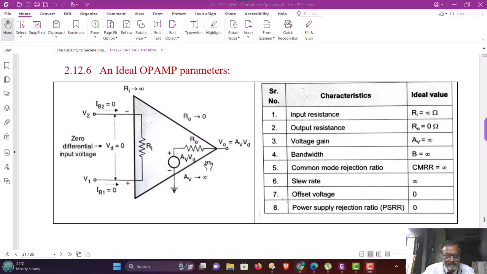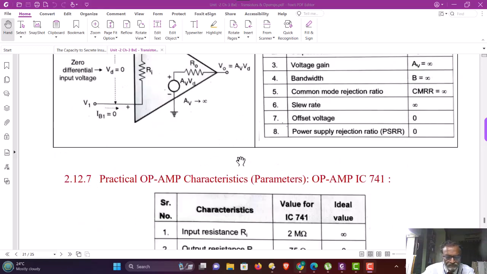The output resistance is shown. So when both the inputs are connected to 0, that is Vin equal to 0, VD is 0, therefore AV into VD is 0, therefore RO is effectively across the output terminals. And therefore looking inside the output terminals, the effective output impedance is RO.